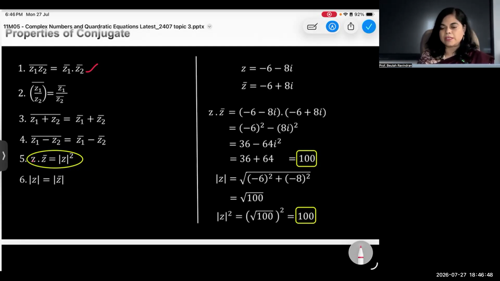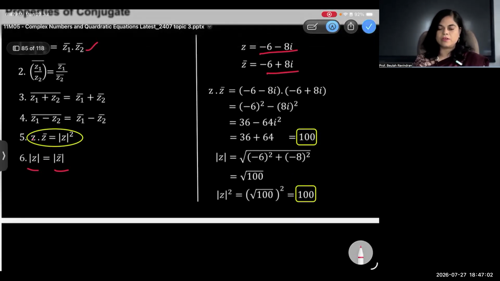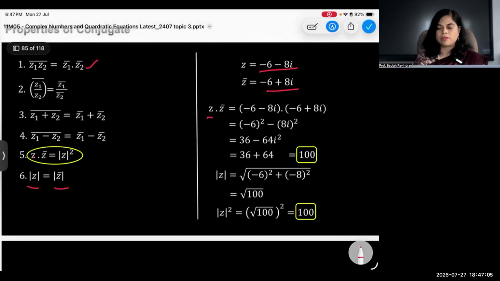If minus 6 minus 8i is the number, its conjugate is minus 6 plus 8i. Then modulus of z can also be written as modulus of z bar. Got it? So this is what you have to understand. Z dot z bar, then what is the modulus of z squared? This one. So keep this in your mind.